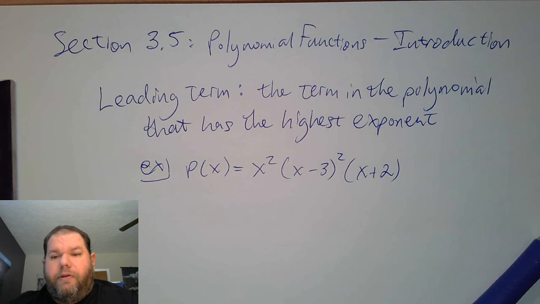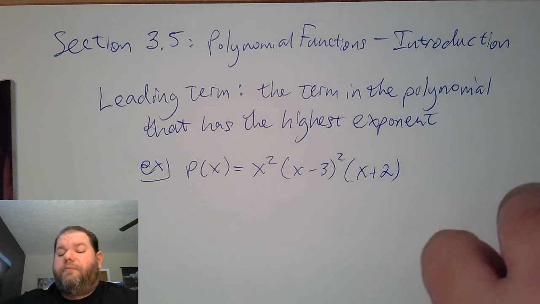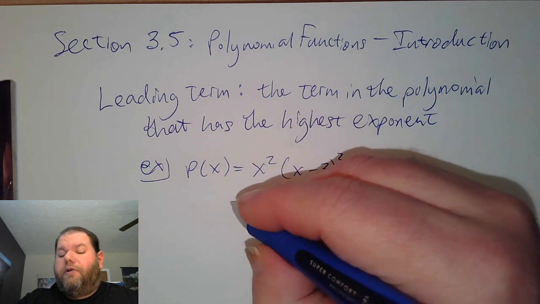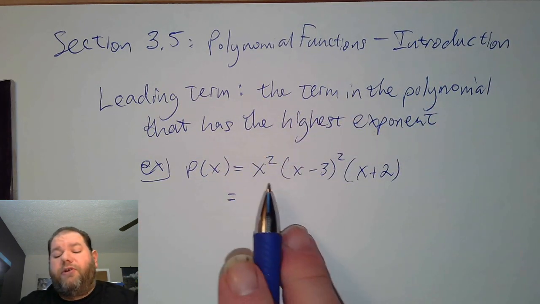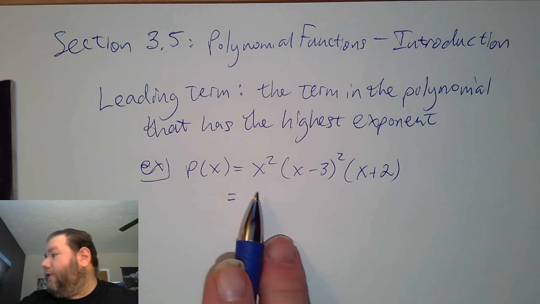Now, when the polynomial is presented in factored form, as we see here, the leading term can be found by taking the leading term of each of the individual elements and then multiplying those together. Now, if our goal is just to find the leading term, we don't really have to multiply all of this together.